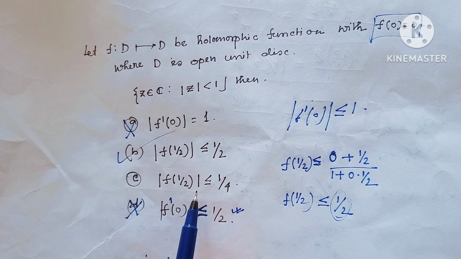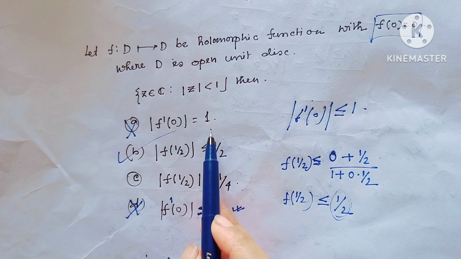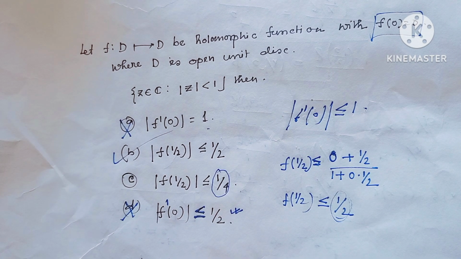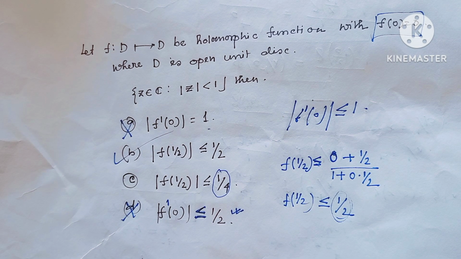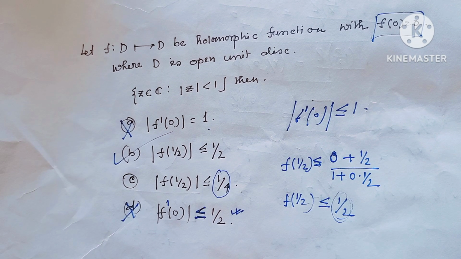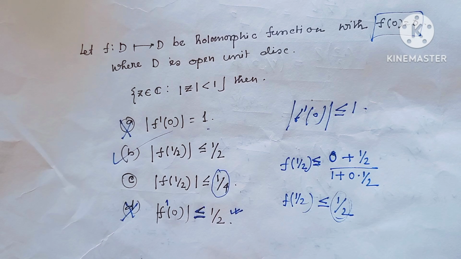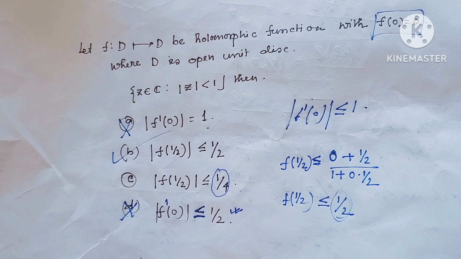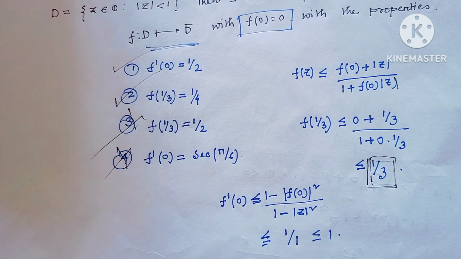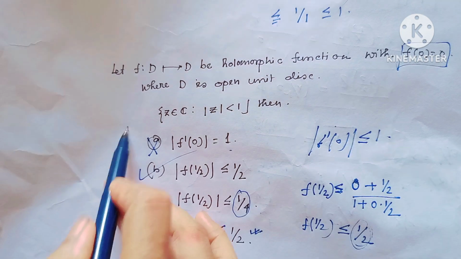But here given |f(1/2)| ≤ 1/4, that means the upper bound is 1/4, but the upper bound is always 1/2. So this is not possible. I hope all my viewers have understood the difference between this question and the earlier question.